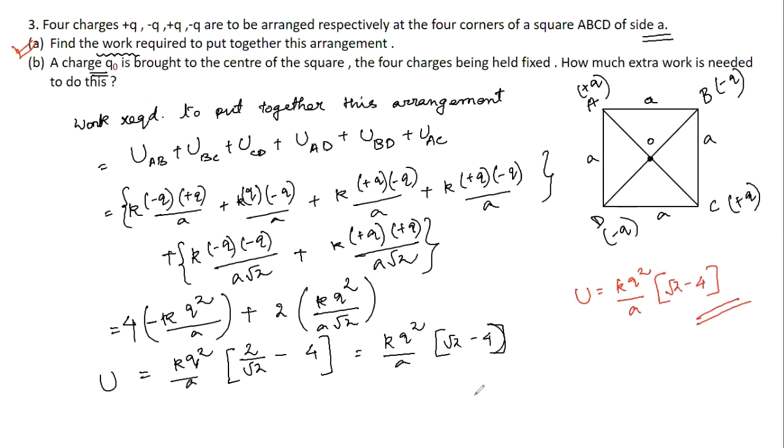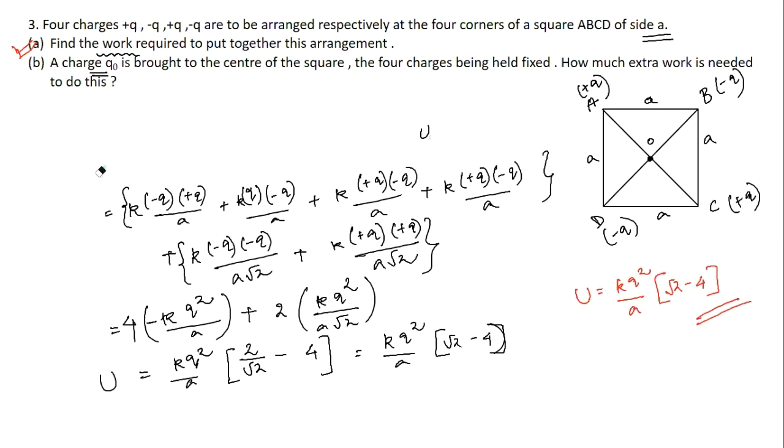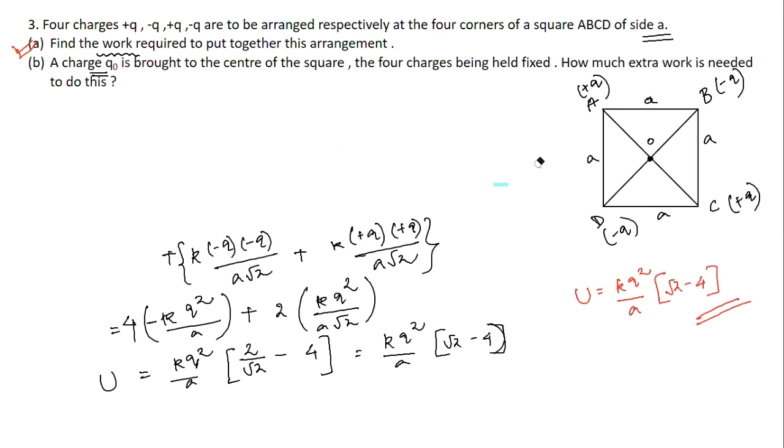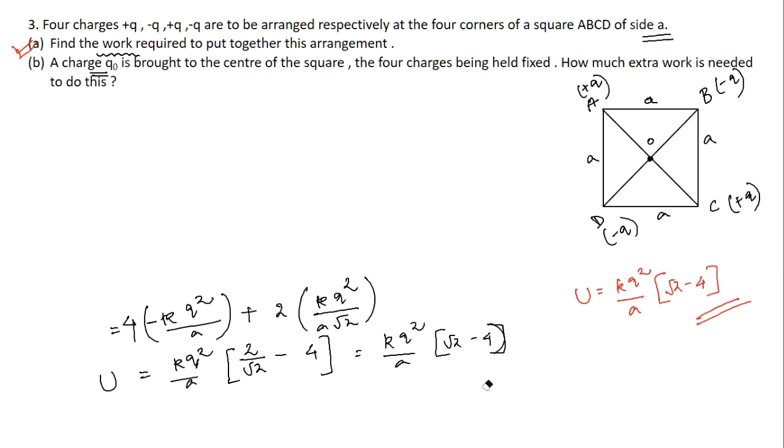So for that, we will find the potential at point O. It is already mentioned in our question that all the charges, plus Q, minus Q, plus Q, minus Q at A, B, C, D, are held fixed, and we will find the potential due to all those charges.